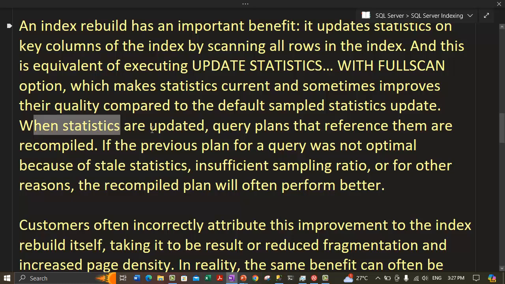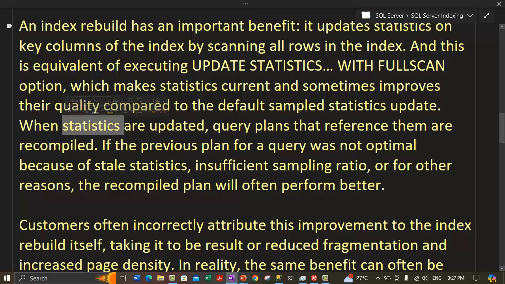And when these statistics are updated, query plans that reference them are recompiled. So whenever your statistics are updated, any query plans stored in the query store or in memory that reference those key columns where indexes are defined get recompiled at that time.